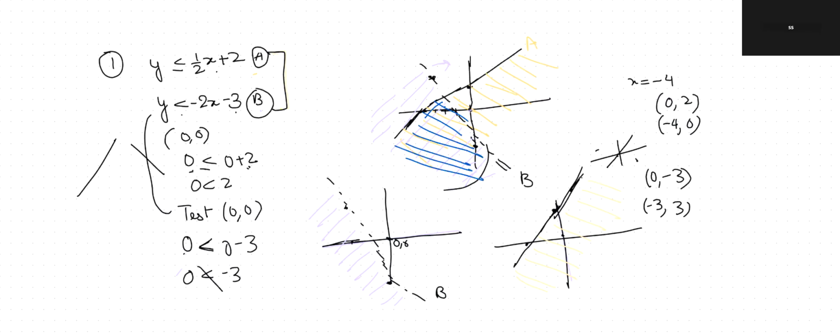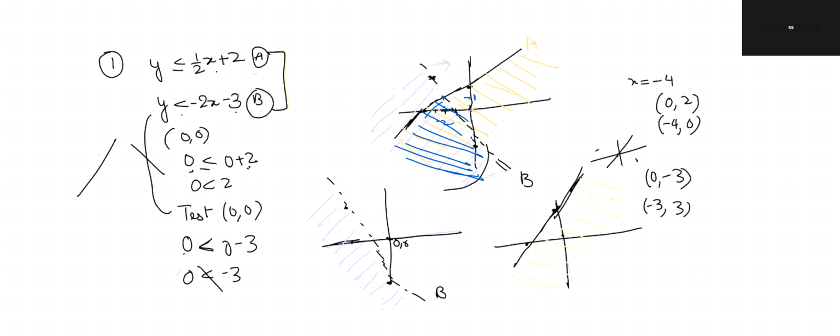So this part is the solution. And the point where they meet, we can see that it is halfway, around 1 and -2.